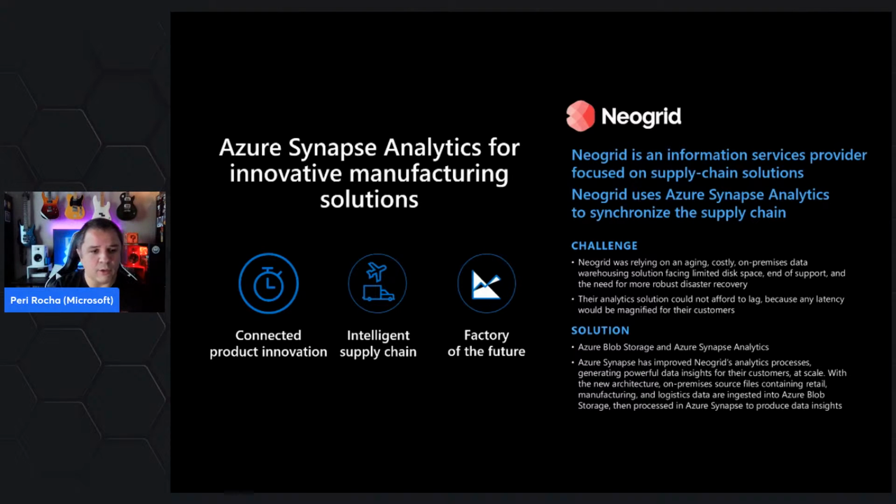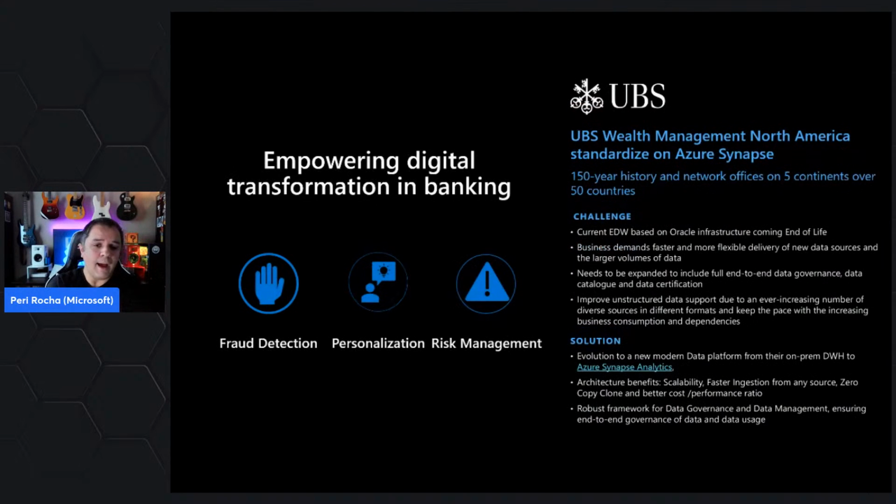Another example that I'll share today is UBS. UBS Wealth Management in North America is a very traditional company. They have a 150-year history in the industry. In their case, they had an enterprise data warehouse which was reaching end of life, and they also had new requirements for data science and other workloads that their current solution did not satisfy.